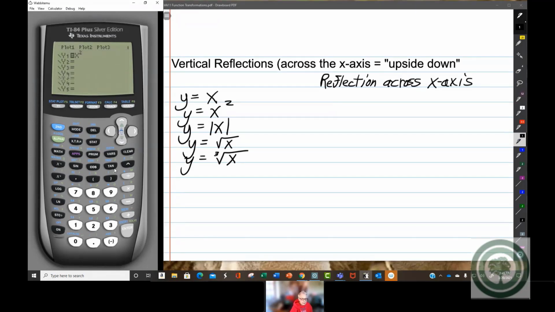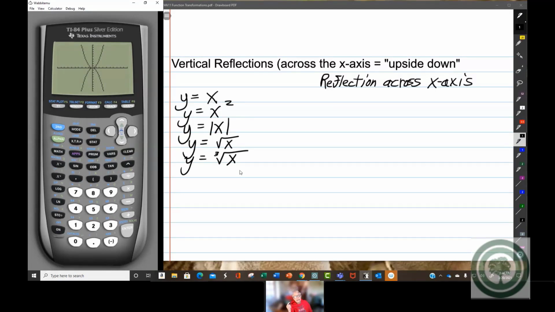I'm going to go down to y2. I'm going to put a negative, not a minus, a negative sign. Negative x squared. We just turned it upside down. Yep, that's all it is.